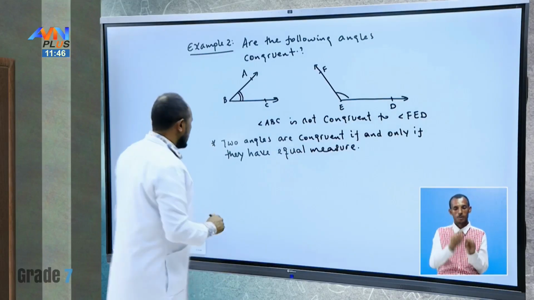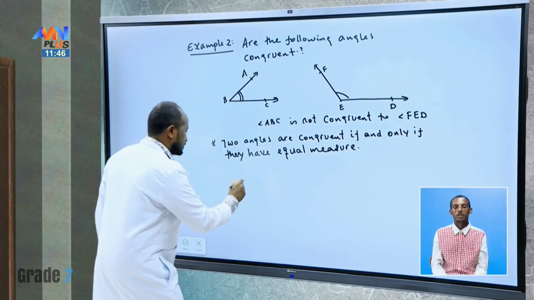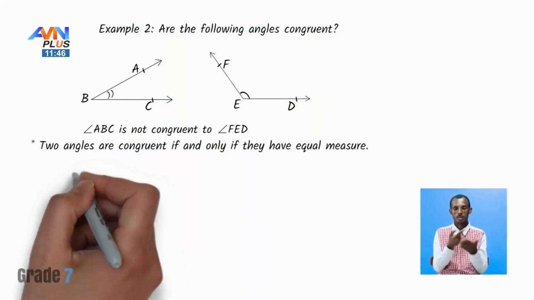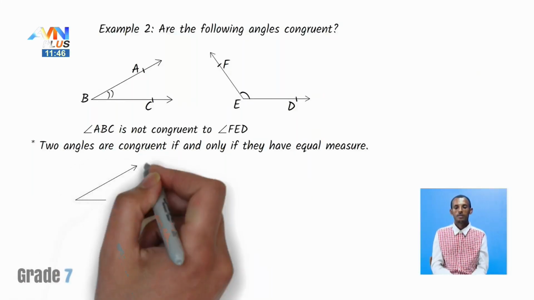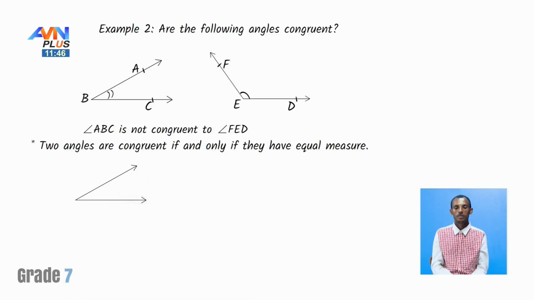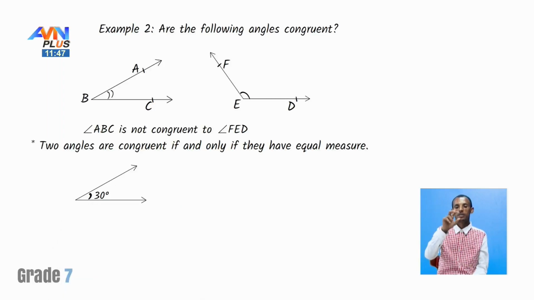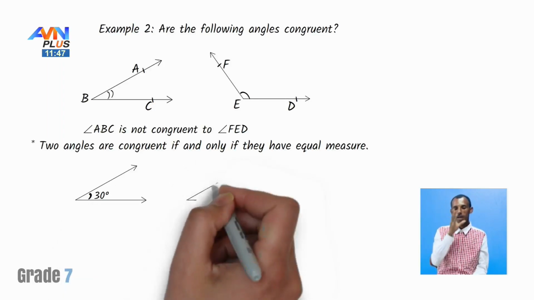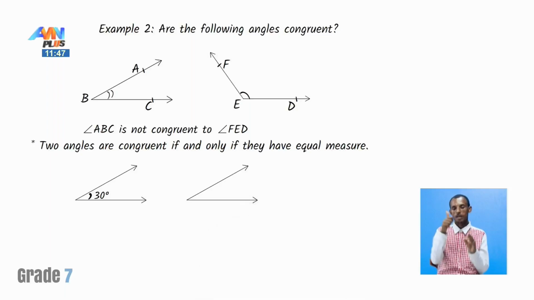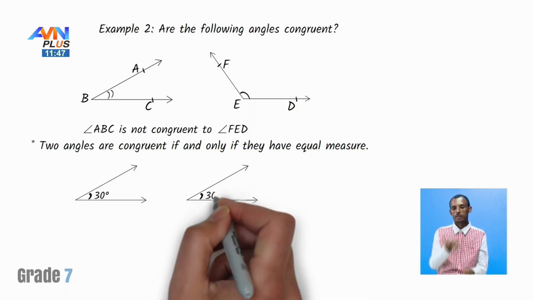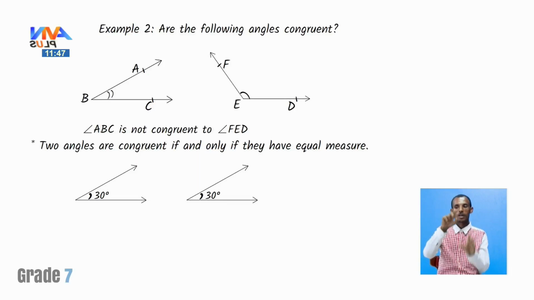So here, let's say if you take this angle, assume this angle is 30 degrees, and again let's take another angle here. Again, this angle is also 30 degrees.